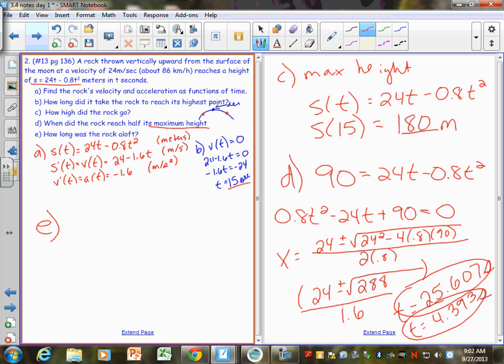But to find how long it was aloft, instead of setting it equal to half of its maximum height, I think we could just set the height equal to 0. Just be aware, it's also going to tell you it was at 0 at 0 seconds because it starts from the ground.